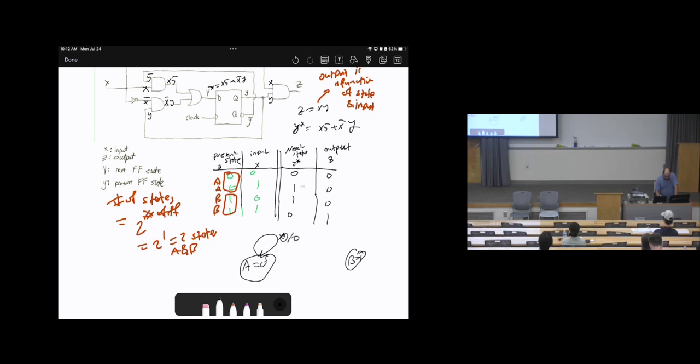If the input is 1, we will go to the next state, which is 1, and the output is 0. Now with state B, if the input is 0, we will remain and the output is 0. If the input is 1, we will go to the next state, which is 0, but the output now will be 1. That's it.